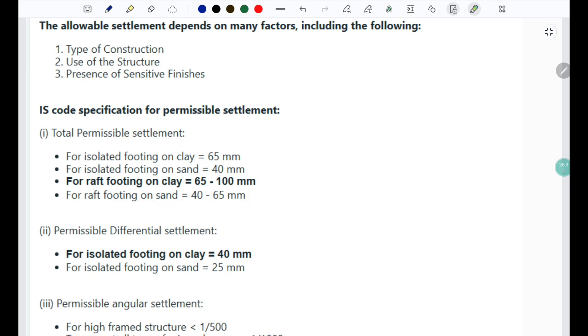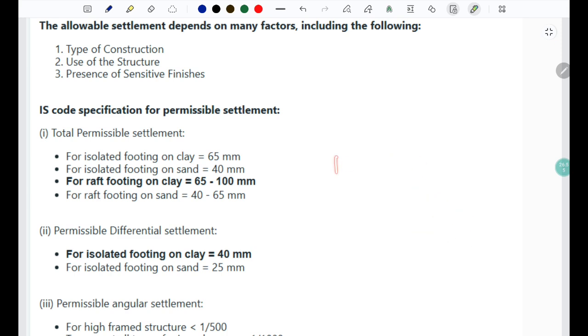Now you see, this is also important. If it is an isolated footing, these are simple values, which is 65 mm for clay, and one could see that the concept is that the rate of settlement in a sand is much higher. It settles very quickly, but if we see the final settlement, then the clays would have a slow rate of settlement, but the amount of settlement they will have will be much more than what sand has.